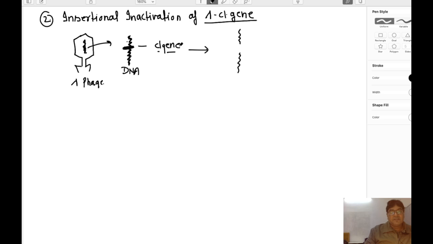That means the CL gene has been disturbed now, and we insert the gene of interest in between the CL gene. So, we say that the CL gene is inactivated.